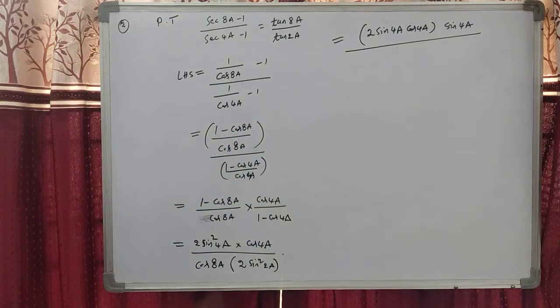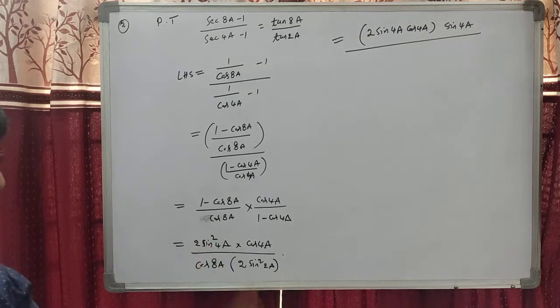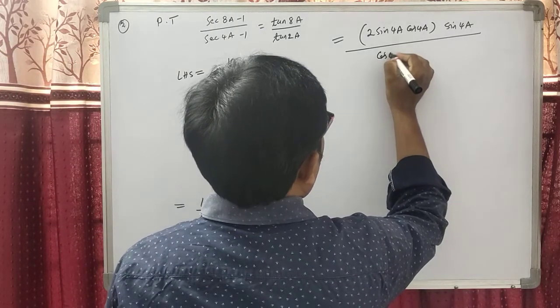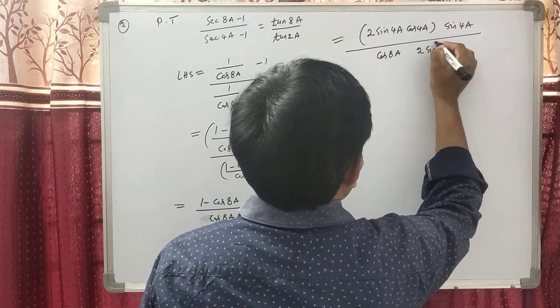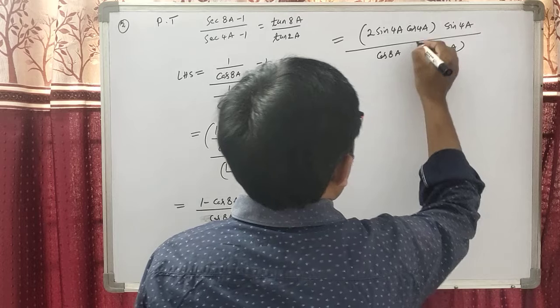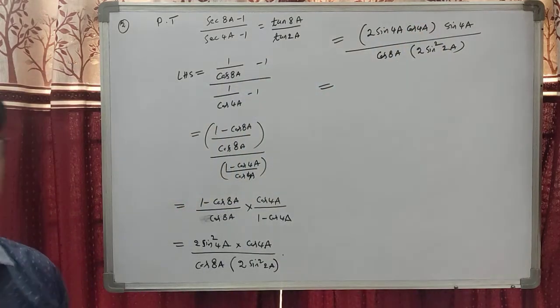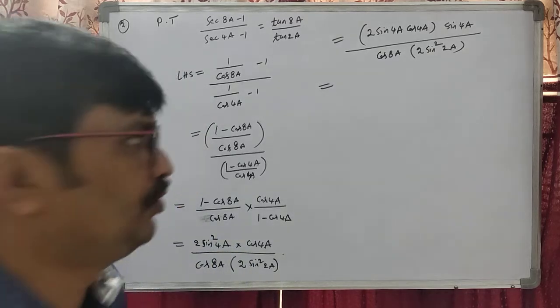After that, cos 8a into 2 sin square 2a. My dear students, 2 sin a cos a is sin 2a. What is the form? 2 sin a cos a is sin of 2a.